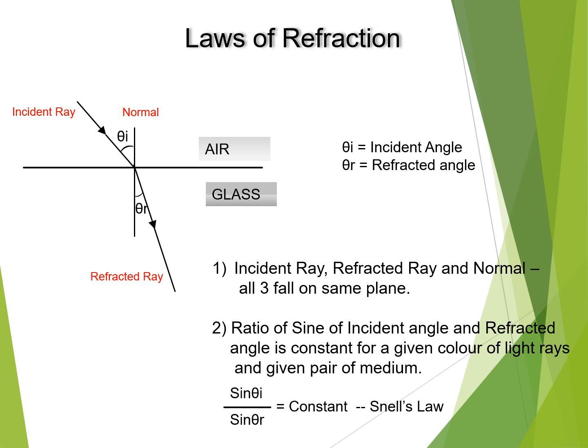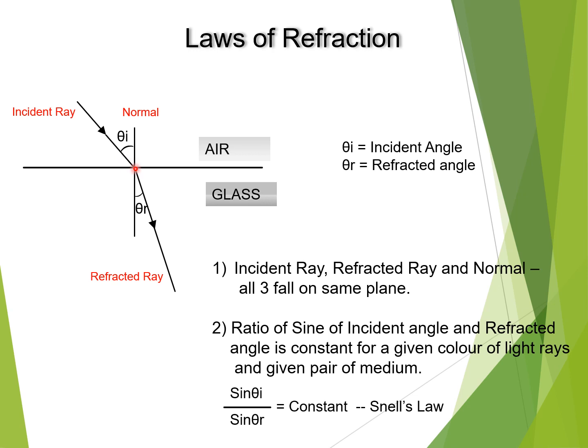Let us understand the laws of refraction. We have already studied laws of reflection. Now we study laws of refraction. Again, there are two mediums, air and glass. The light ray is hitting the glass at this point, so this can be called the incident ray.